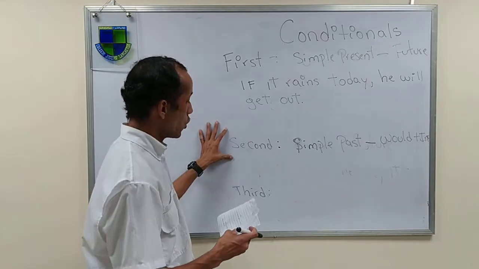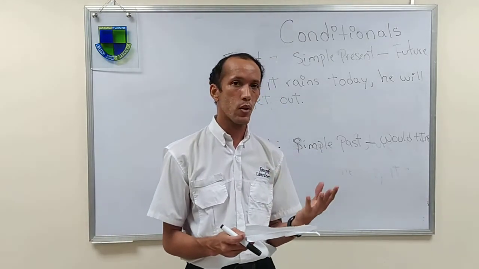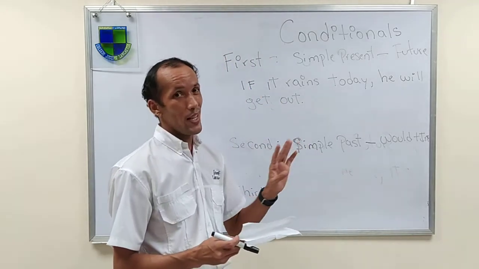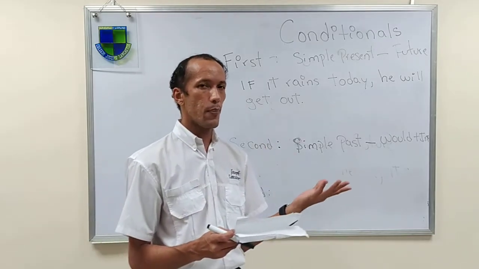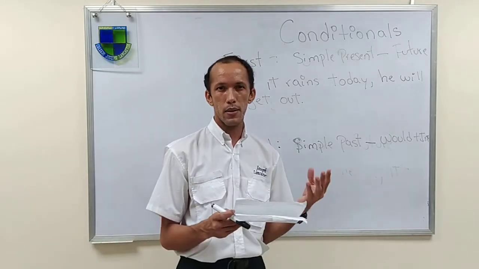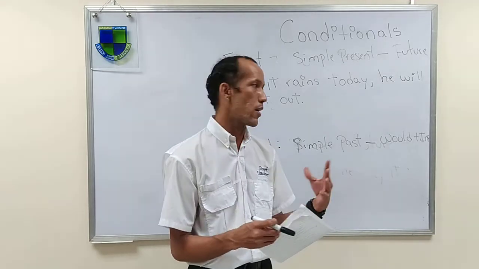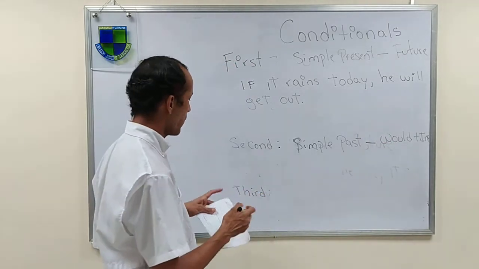The second conditional we use for impossible or improbable situations. It is something that can be impossible to happen, or it can happen, but depends on situations or events that are probably real or unreal. So it probably doesn't happen.